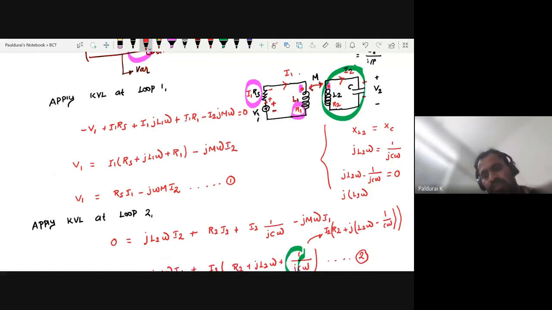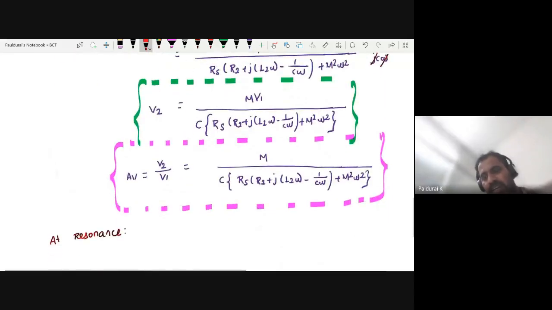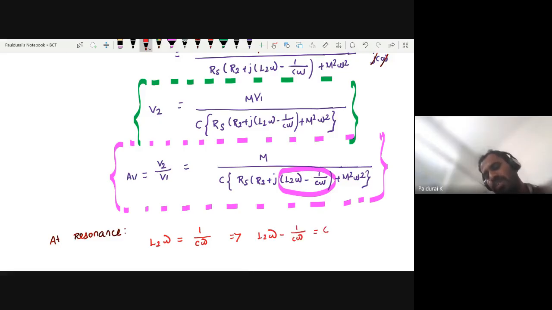Now substitute this relation here. When resonance occurs, if these two are equal, at that time resonance occurs. So let me give the conclusion. At resonance, L2ω, the reactance offered by the inductor, equals the reactance offered by the capacitor, 1 by Cω, or otherwise L2ω minus 1 by Cω equals 0.